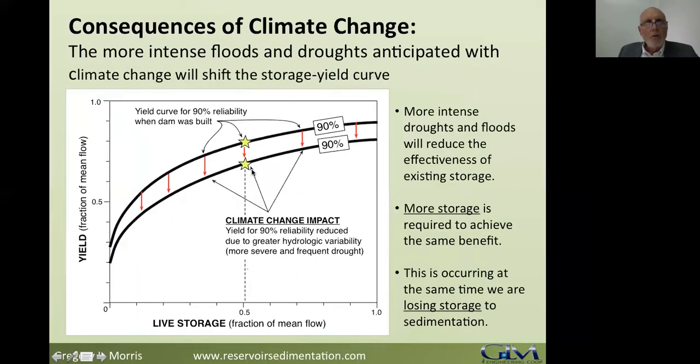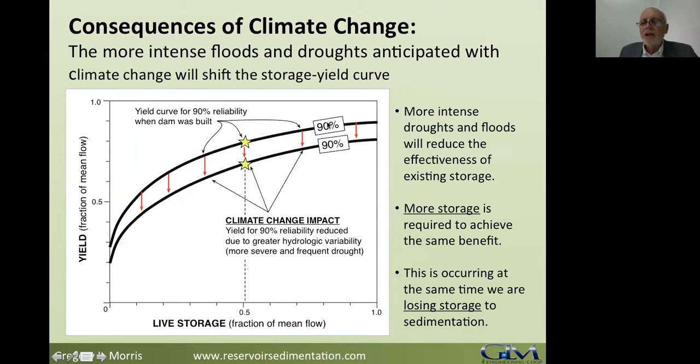Now, we have a climate change issue. One of the primary concerns of climate change is that it's going to cause more intense droughts and floods. And this will reduce the effectiveness of existing storage. Basically, what's happening is that the storage yield curve is shifting downward.